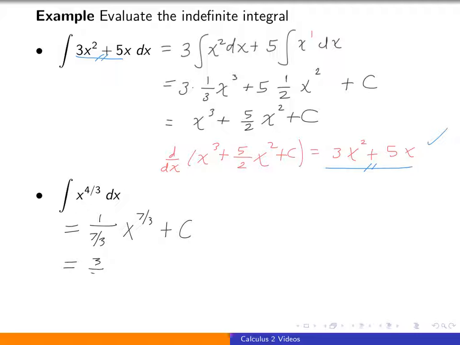So this is simply 3/7 x to the 7 thirds plus c. And notice notationally what should be going on here. At each step, you're showing your equal signs. You have your dx's until you have integrated. And once you've integrated, you have a plus c for any remaining steps.